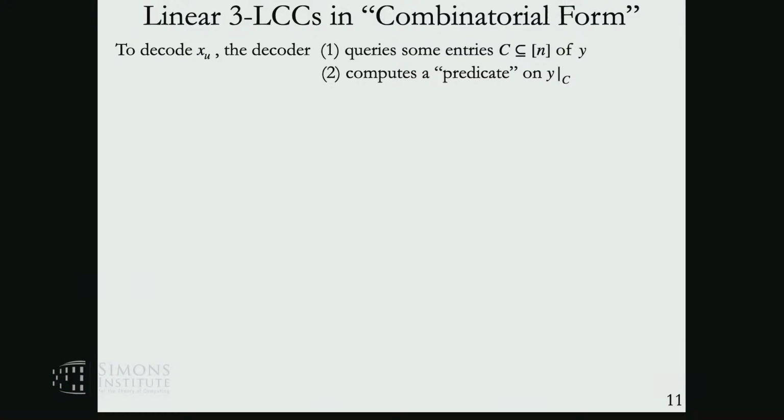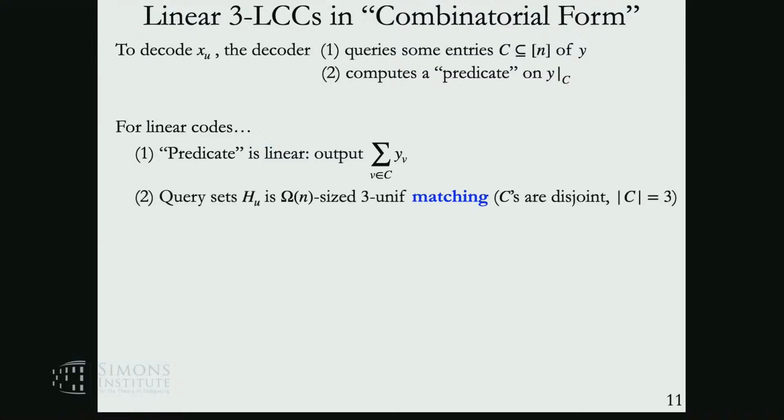For linear codes, it's not hard to imagine you can assume that the predicate is linear. The more interesting thing is you can assume that these query sets form a matching. So it's going to be a hypergraph matching. These sets are of size 3 because we make 3 queries, and they will be disjoint.